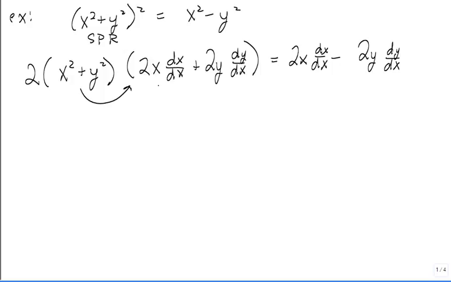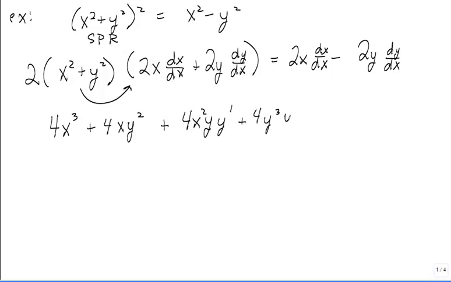So multiplying this out, I'm going to get 4x cubed plus 4xy squared plus 4x squared y prime plus 4y cubed y prime equals 2x minus 2y y prime.